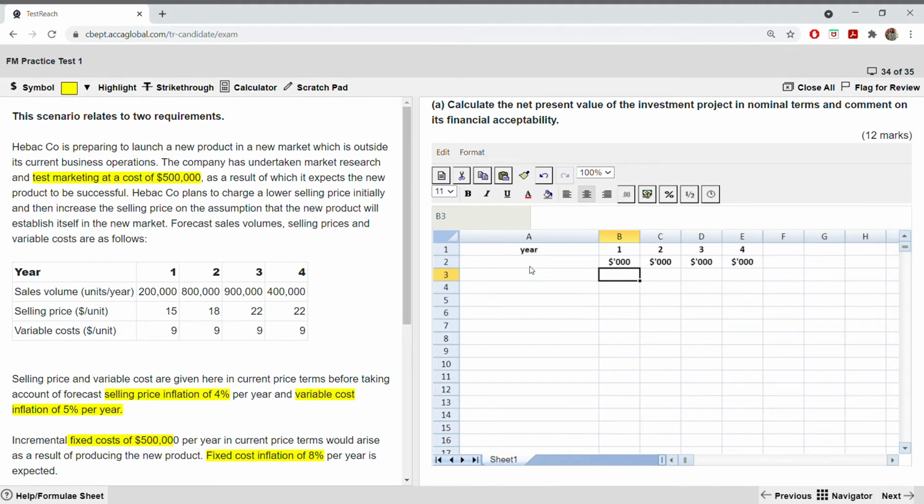Start with sales revenue. Sales revenue is always the first item. Your sales is 200,000. You have been given the volume and the price. What should you do?